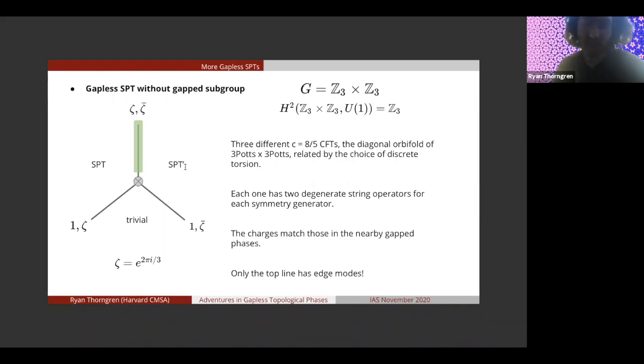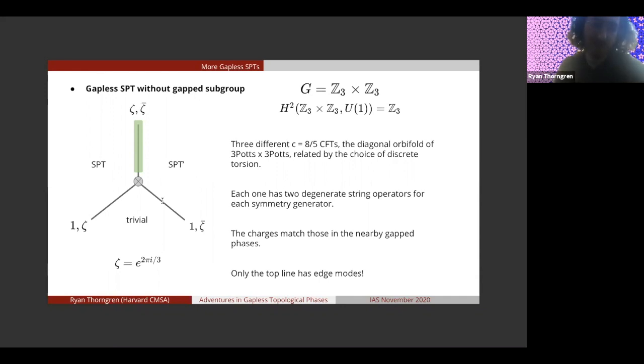So this is an interesting example. If we think about the string operators for the symmetries, all of the symmetries are gapless now. So at the transition, Z3 times Z3 is represented faithfully in the CFT, so all of the string operators are algebraic. So at best, we can look at the string operators which decay the slowest, by the slowest power of the length.